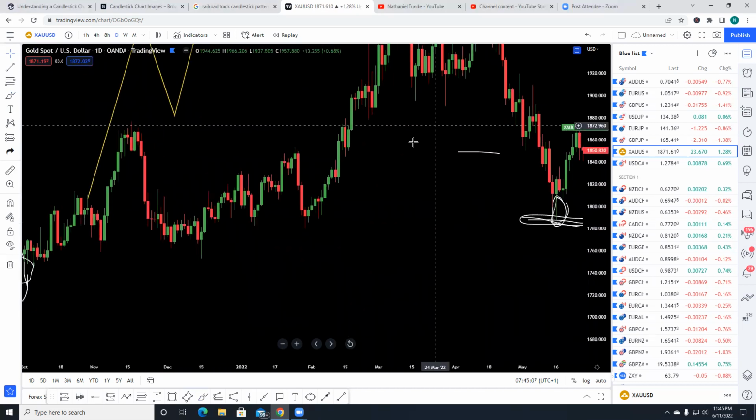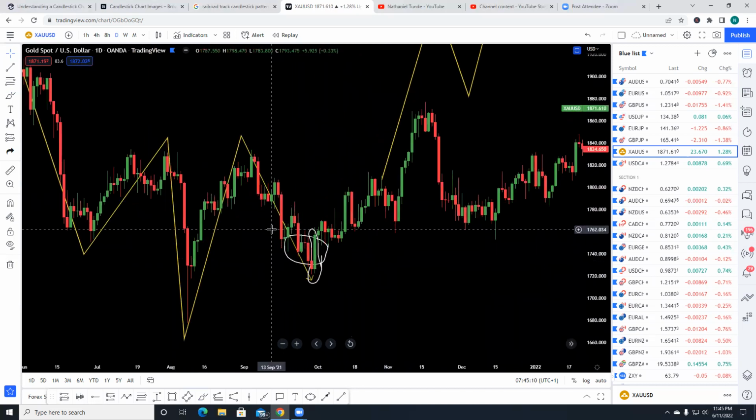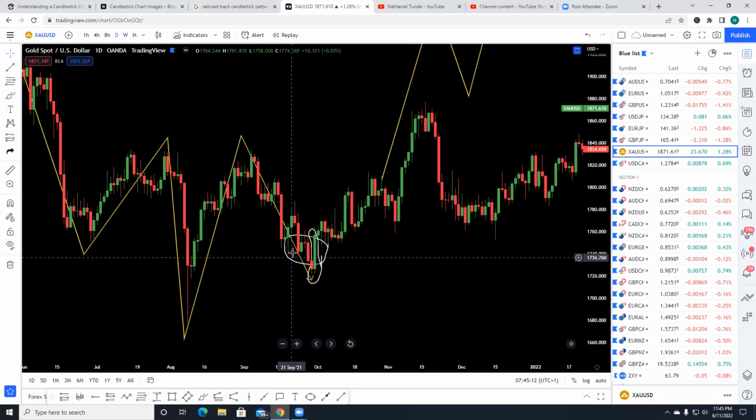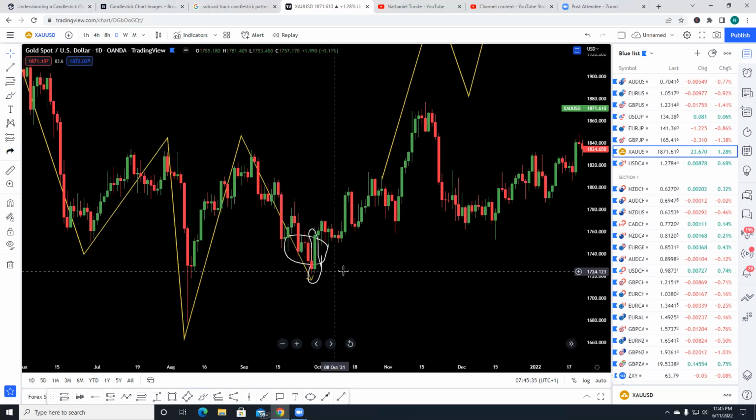This is the pattern that will appear at the end of correction at the fib level of 61.8. As soon as this appears on a daily time frame, this is not for you to get in, except you are ready to have a big stop loss, putting the stop loss at 1720 where the market is at 1756. You can't risk a big stop loss.